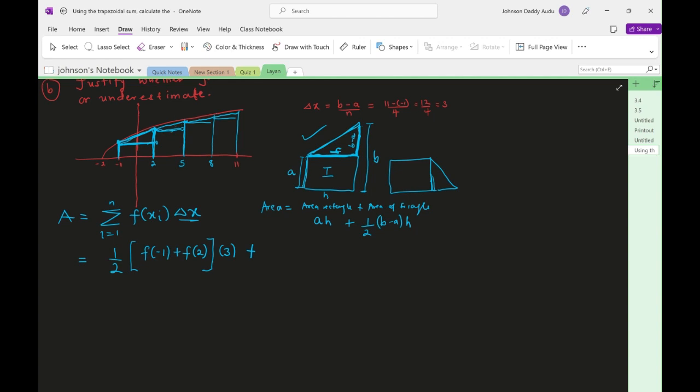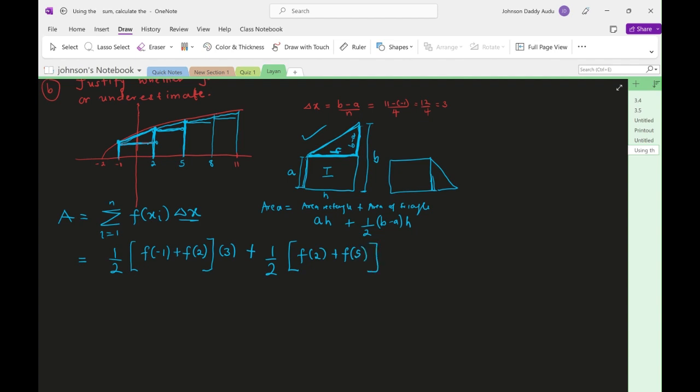Then plus, now the second trapezoid is this one. It's just the same. It's just going to be half. Then what? In this case now, your A is going to be what? The distance from here to here. So which will just be f of 2 plus B is going to be f of 5, because B is now the distance from here to the top here.